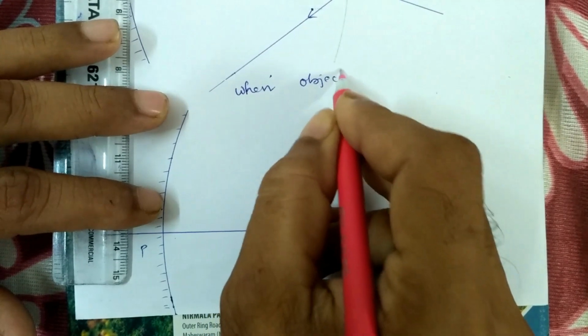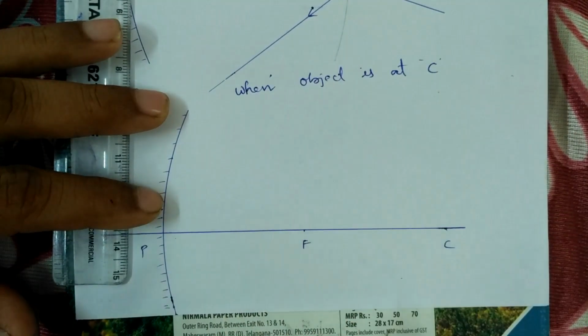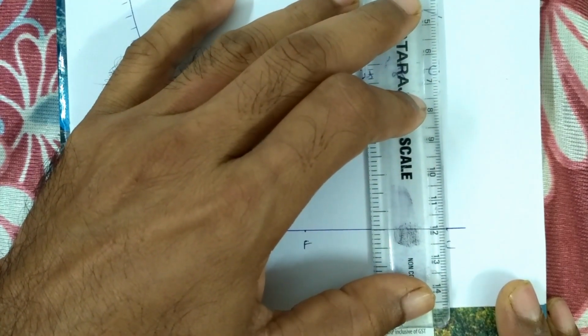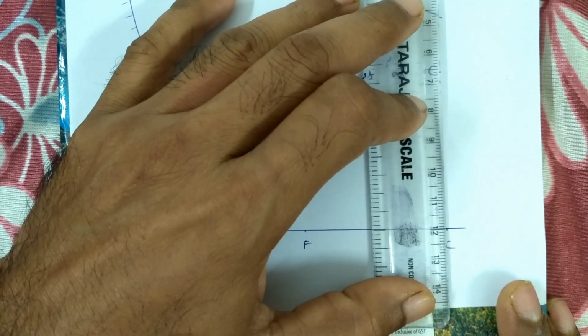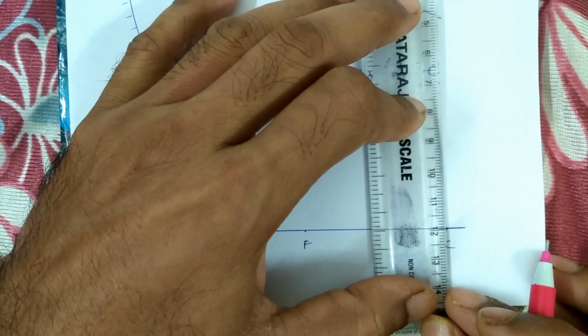When the object is at the center of curvature, I am keeping a 2 centimeter or 1.5 centimeter object. I am drawing a line. Let us consider this as the object.